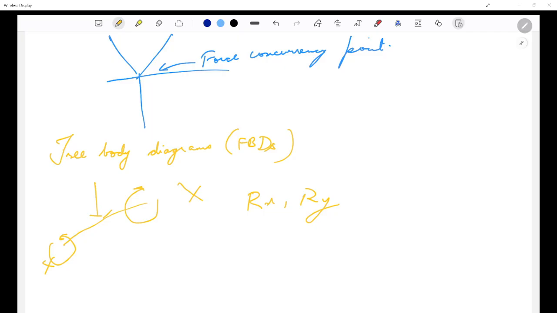In a pin joint, the joint allows rotation but prevents translation. Okay, translation is not allowed. Therefore, it can transmit two force components, Rx and Ry, but it cannot transmit any moment.